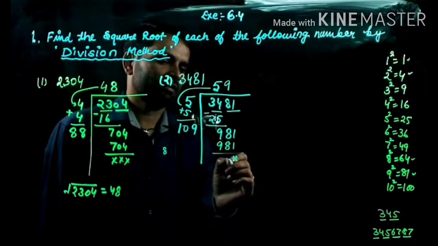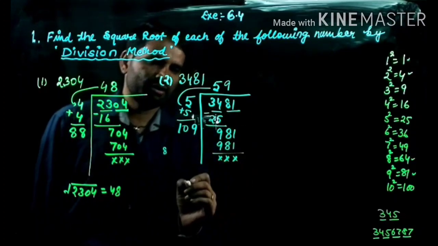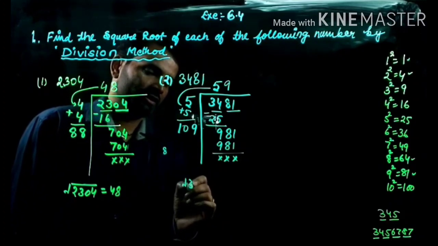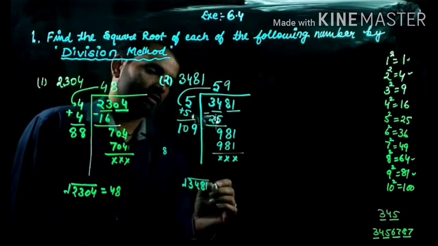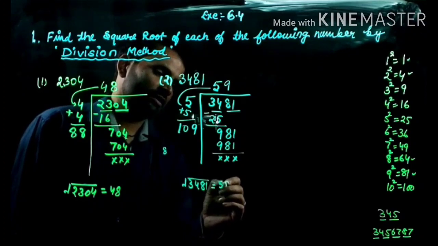Okay, that is the finish, and the root of 3481 is equal to 59.